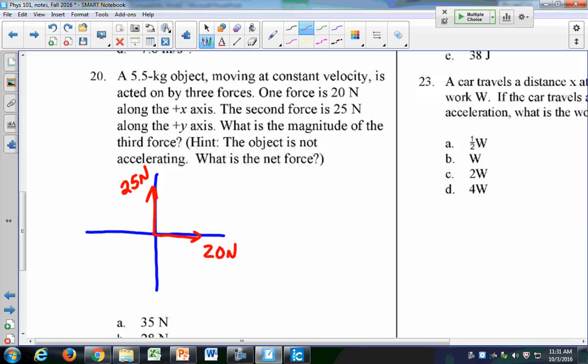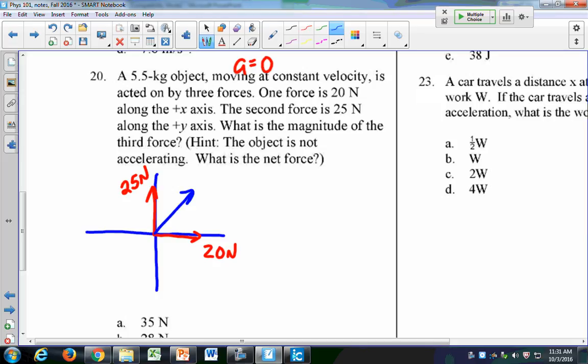And then I want to know what is a third force that will give me a static situation. Or it's not static actually, but it's moving at a constant velocity, so it's not accelerating. So the acceleration here is equal to 0. Now if I add these two vectors, I'm going to get a vector that's in this direction.